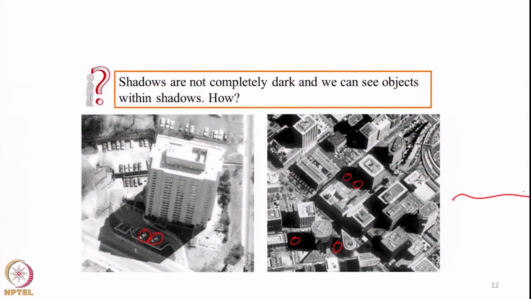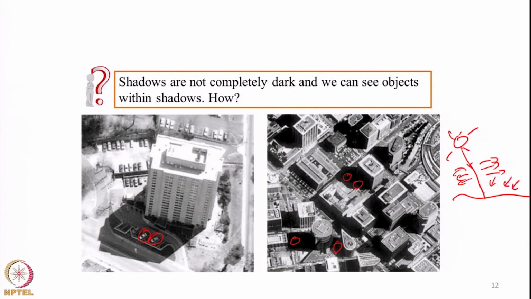Please pause the video and think for a few seconds before knowing the answer. So, the answer for the question I posed is scattering. The light scattering present in the atmosphere is the primary reason for irradiating the objects within the shadows. As I said before, whenever there is a land surface, the sun's direct radiation will be coming in. This will be scattered all along the atmosphere, and after some time this scattered radiation will come and fall down.